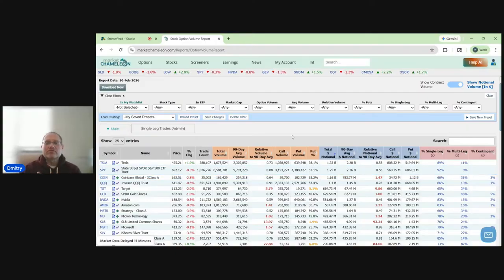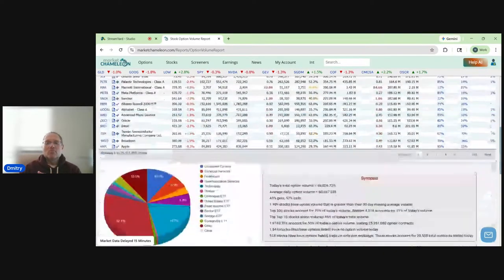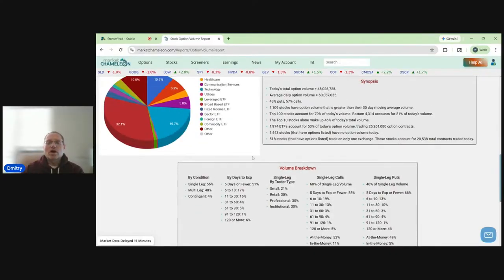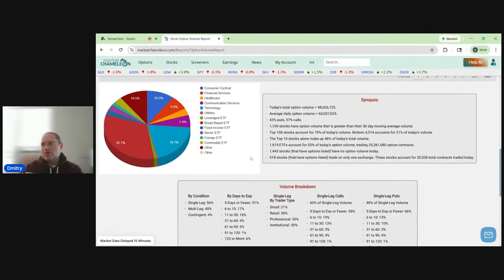But if we scroll down further, we could gain more insights on what's going on on a market-wide basis. How are people in general using options contracts? And this will break down that volume into those components.